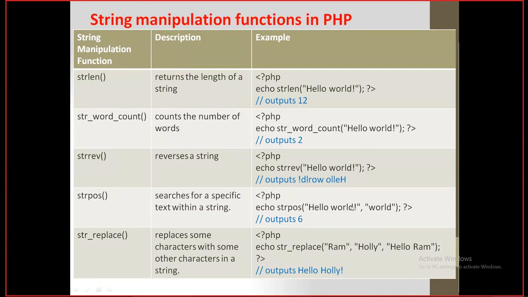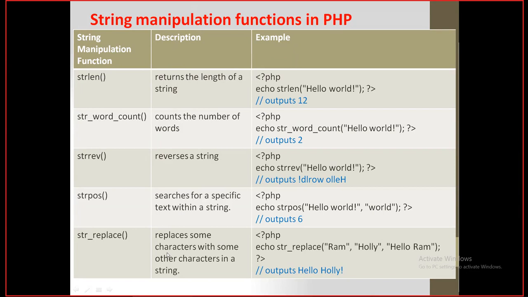As the first argument, we will provide the base string in which we have to search, and what is to be searched will be the second argument, right? So it returns the index at which the string is found. So the string is found at the sixth index, starting from 0. So we are getting 6 as the output of strpos.